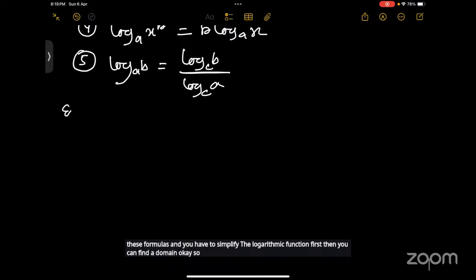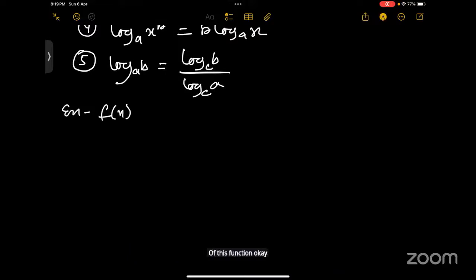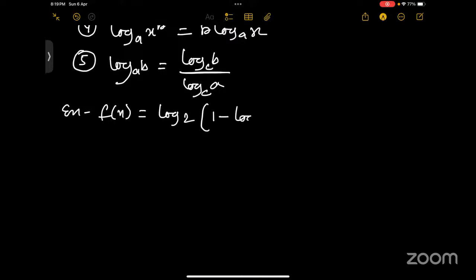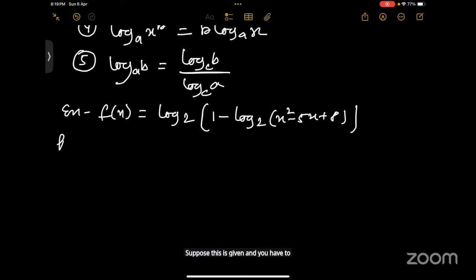So I'm just writing down an example of a logarithmic function. You have to find the domain of this function. Try to calculate the domain and let me know what the answer is. Suppose this is given and you have to find the domain of f.